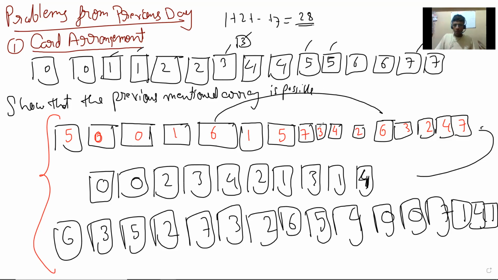No, but 6 and 3 are not together earlier. Oh, acha, one 6 and 3. In the other one, are 7 and 3 also together?